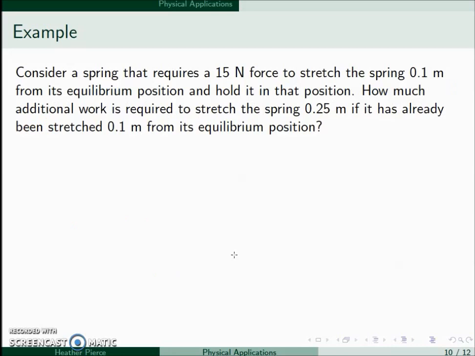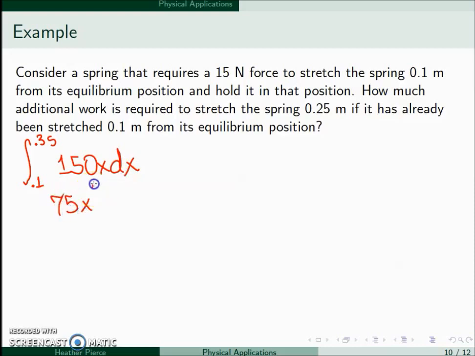Let's now determine how much additional work is required to stretch the spring 0.25 meters if it's already been stretched 0.1 meters. So instead of starting at equilibrium, we're going to start at 0.1. Then we're going to stretch it an additional 0.25, so we'll end at 0.35 meters. And our force was 150x.